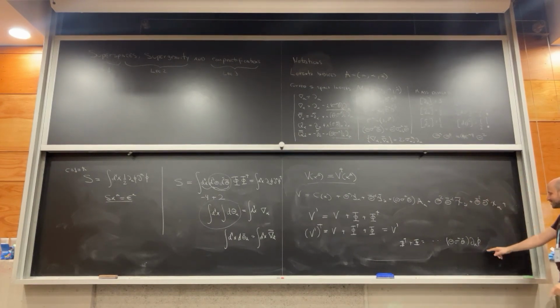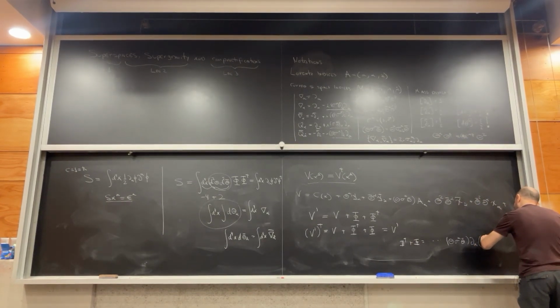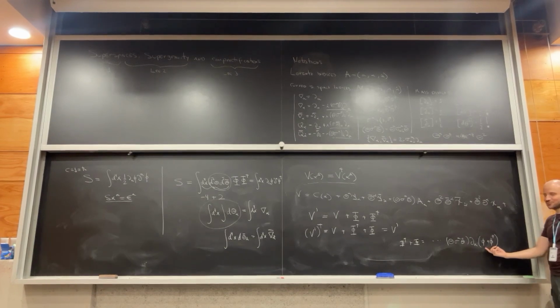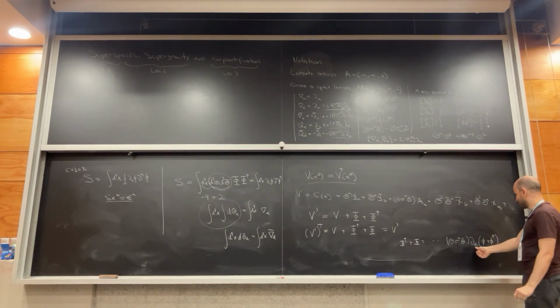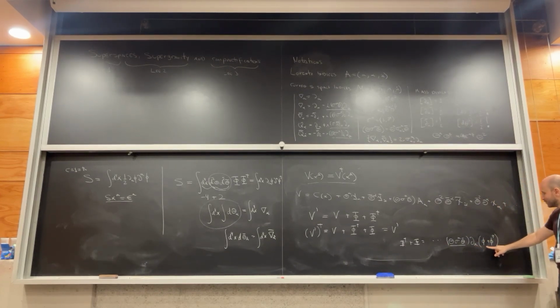What's going to appear here is the derivative of phi plus phi dagger. But phi plus phi dagger is real, right? So what I get in this particular component is the derivative of a real parameter.